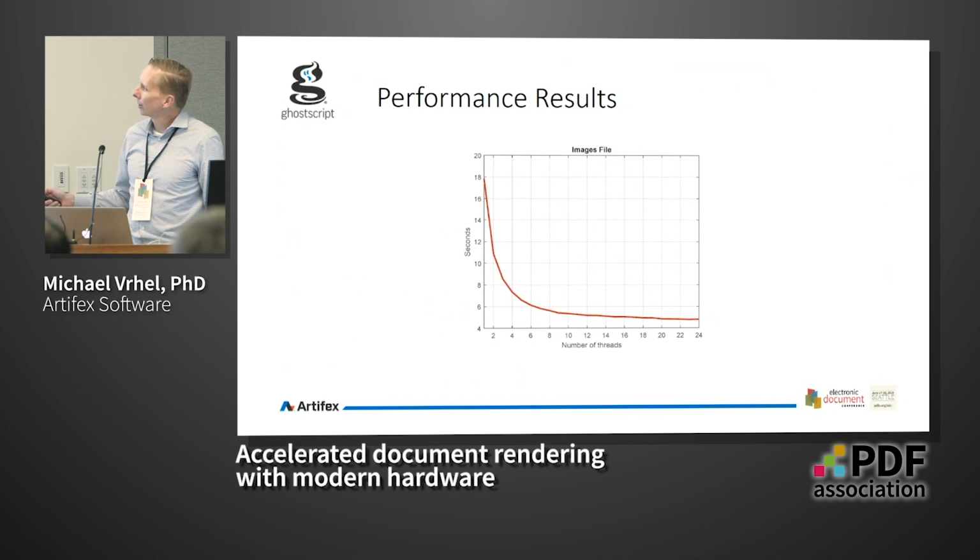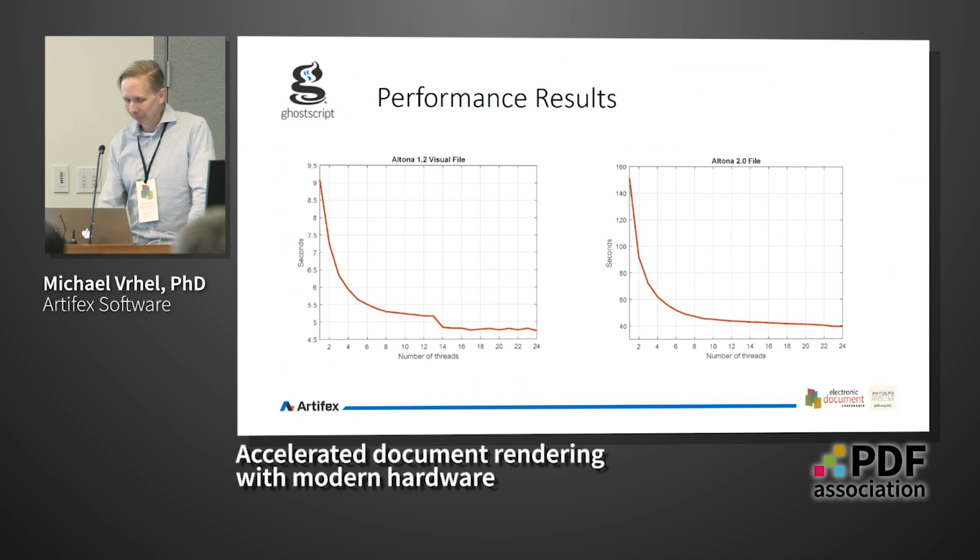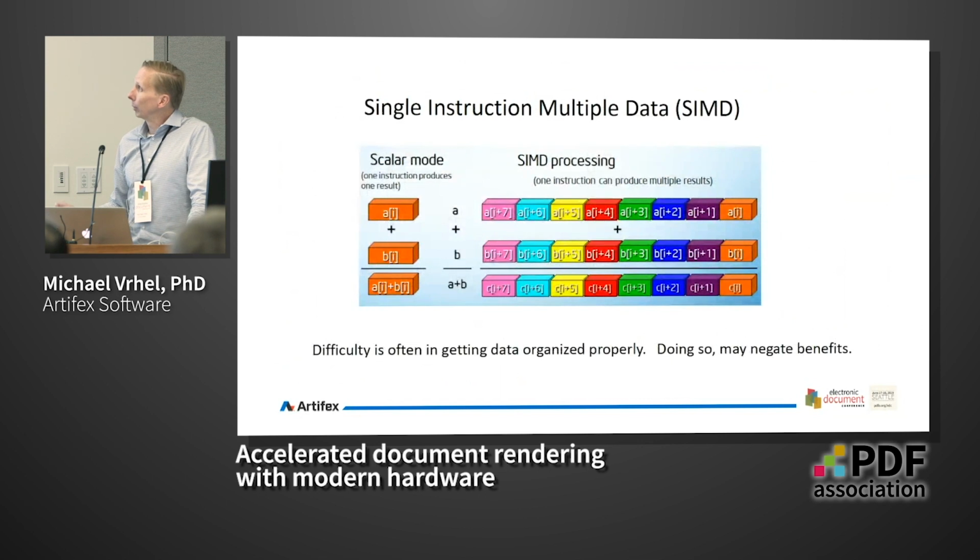With two threads, it's somewhere around 11 or so seconds. And you see a similar kind of thing with the Altona test files. It's a funny little bump there. I'm not sure why that happens, but it was consistent. Anyway, that's the performance boost that we end up getting when rendering out to multiple cores. So a nice improvement.